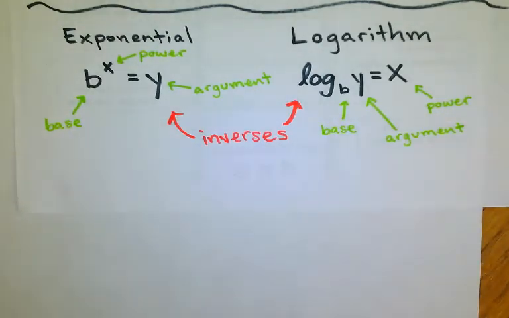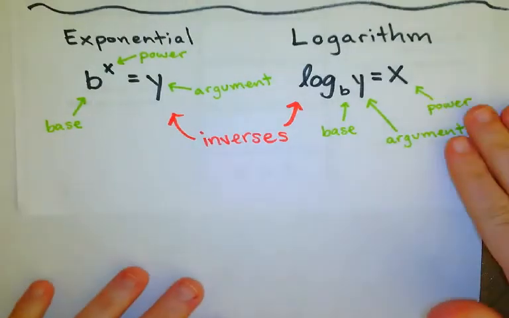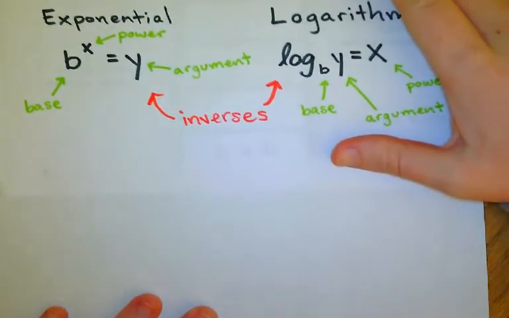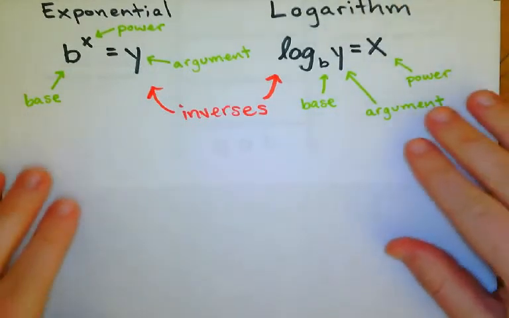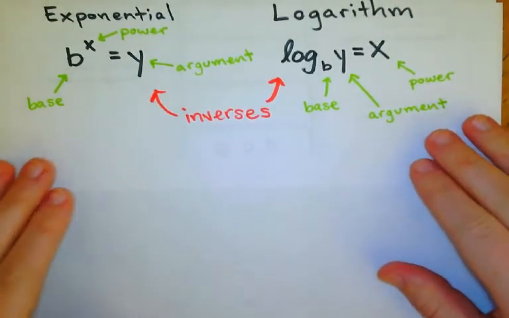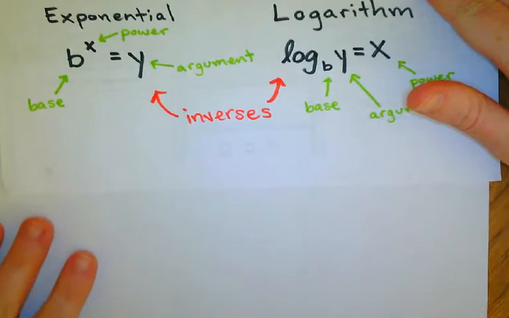Now, all that we're going to focus on in this lesson right now is going to be converting exponentials to logarithms, and then the other way around, converting logs to exponents. All right? Now, I'm going to keep this at the top of the page for us to look at as we take a look at some examples. All right?